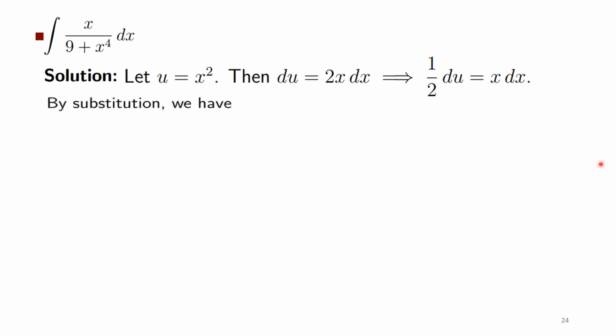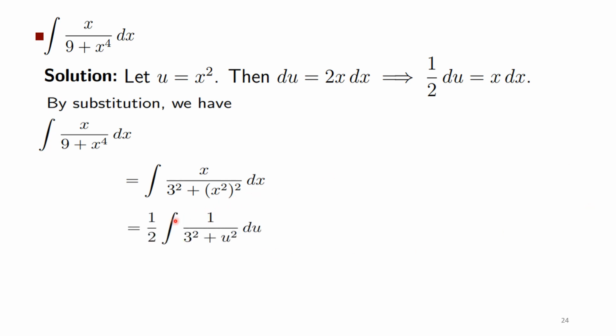Now by substitution, the integral of x over 9 plus x to the 4th dx is now equal to, you have x dx there, then 9 is replaced by 3 squared, x to the 4th is rewritten as x squared squared, so we now have 1/2 of the integral of du, because x dx is replaced by 1/2 du, and we have 3 squared plus x squared squared.